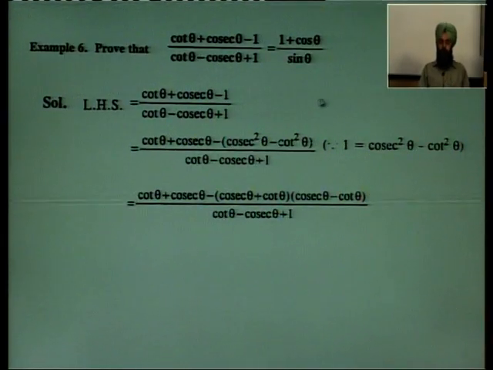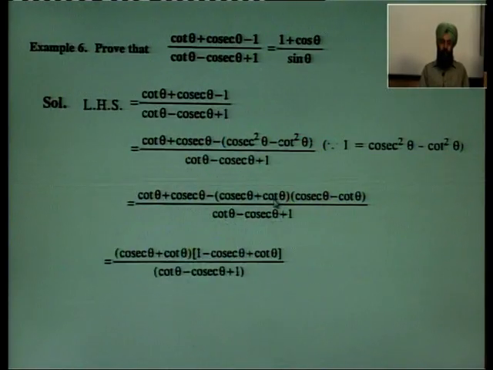So, we can write cosecant square theta minus cot square theta is equal to cosecant theta plus cot theta into cosecant theta minus cot theta, and we can take cosecant theta plus cot theta common. So, it will be equal to 1 minus cosecant theta plus cot theta.